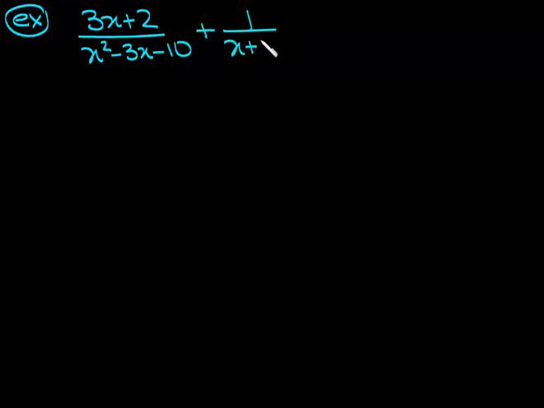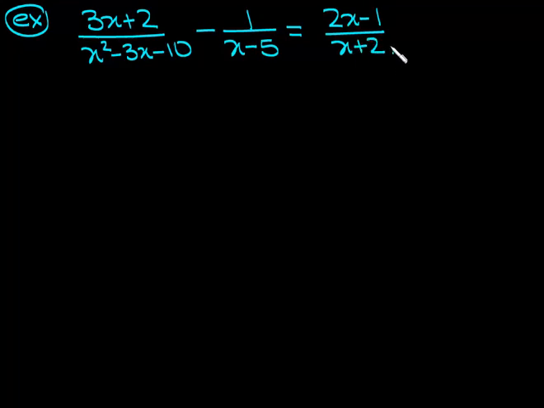Let's say you have (3x plus 2) divided by (x squared minus 3x minus 10), minus 1 over (x plus 5), is equal to (2x minus 1) over (x plus 2).